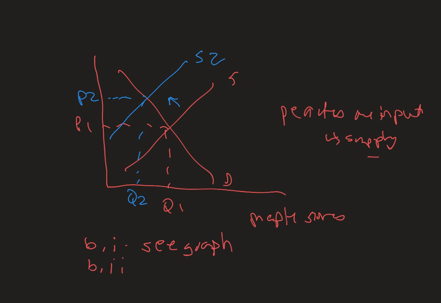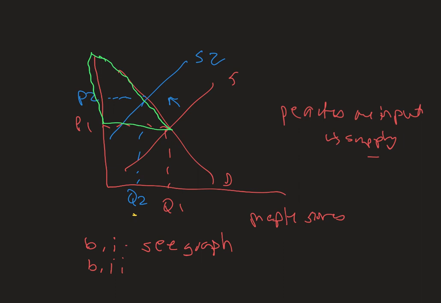On the same graph, shade the area that represents the change in consumer surplus. Consumer surplus used to be here, and now because we've had a shift in the supply curve, we have a new allocatively efficient quantity. Q2 is a quantity where quantity supplied meets quantity demanded.